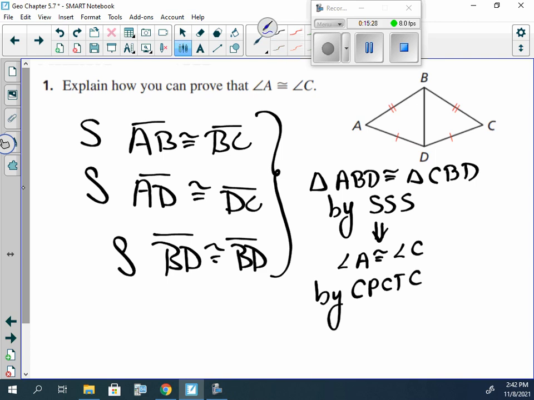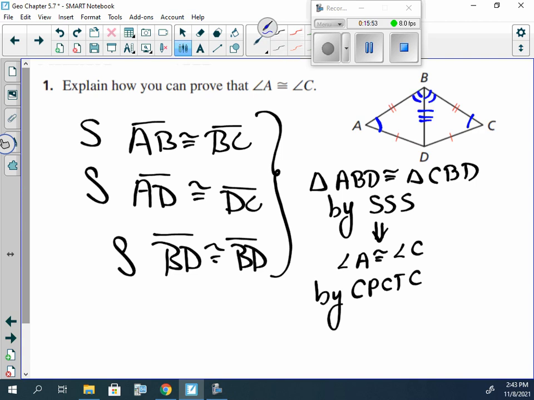We do know that if we look at A and C, A is between the sides that have the 1 and 2 markers. C is between the sides with 1 and 2, so those are corresponding parts. Questions on this here? Because we could say the other angles are true too.